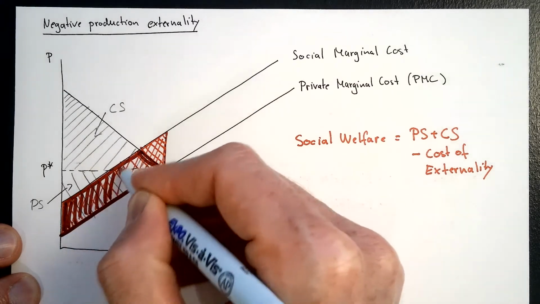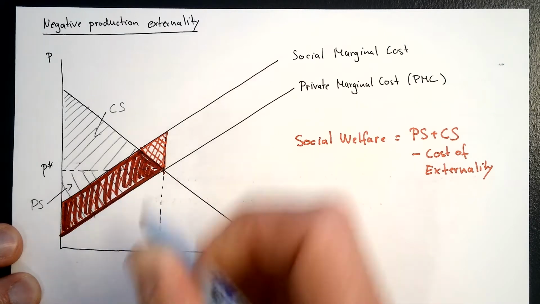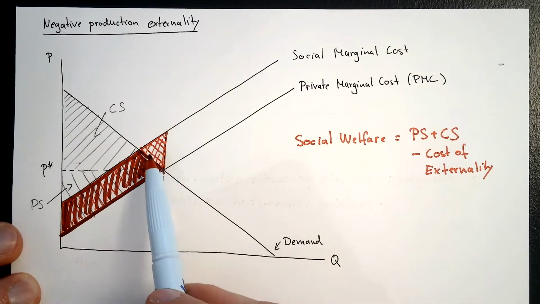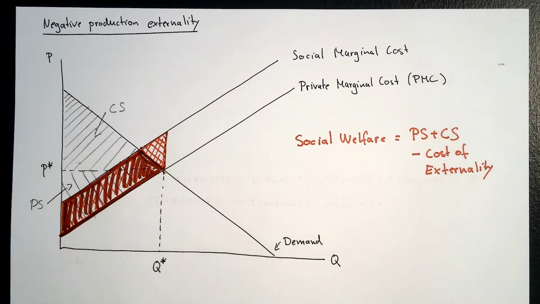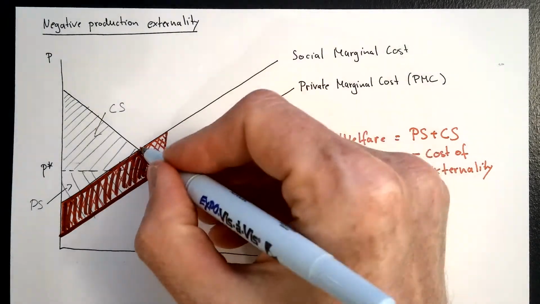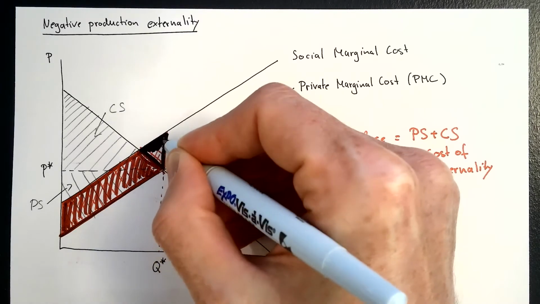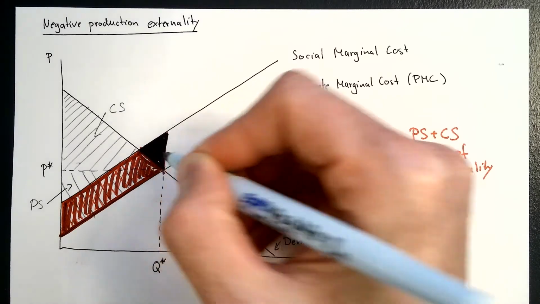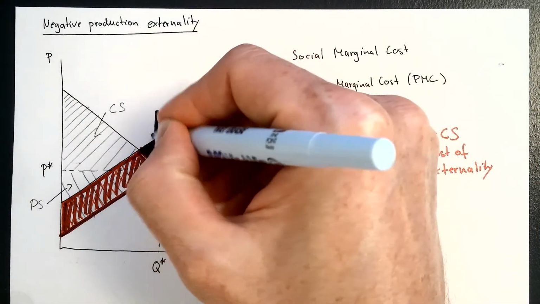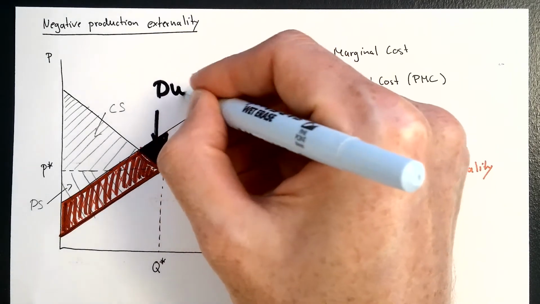Okay? But this area here is not covered. And so it turns out that this rectangle here represents the deadweight loss associated with the externality. Okay, so this is the deadweight loss.